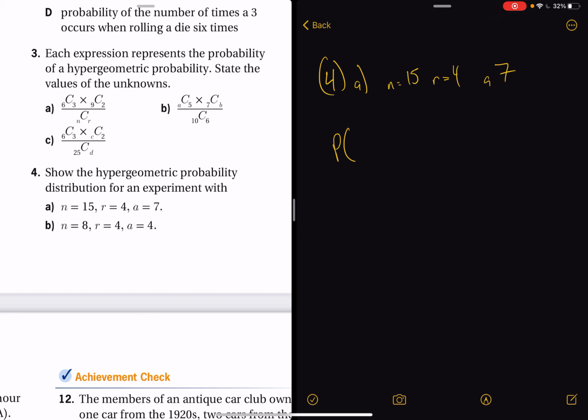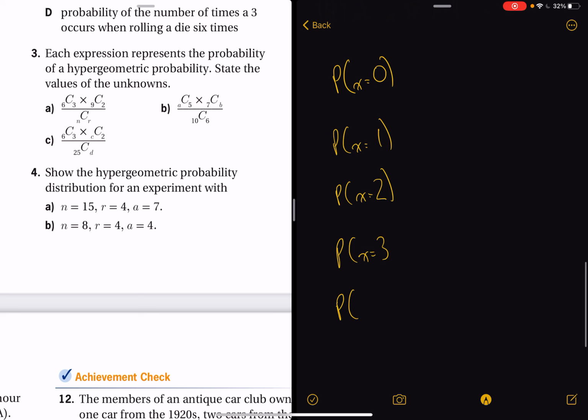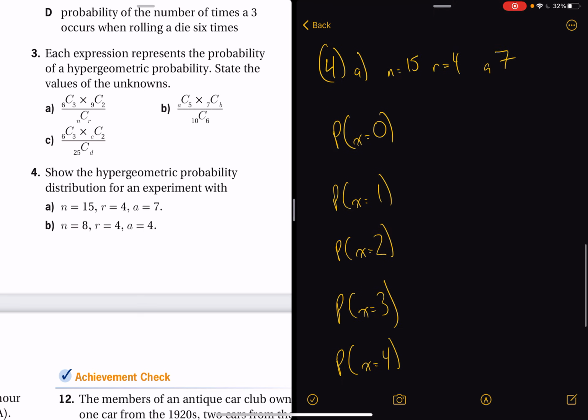So we have to do 4 trials. So probability of X equals 0, X equals 1, X equals 2, X equals 3, and X equals 4. Right, so we have 4 trials, 7 available successes. So what's the probability of 0 successes if I have 15?